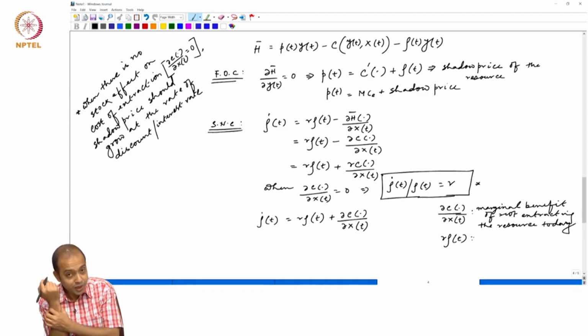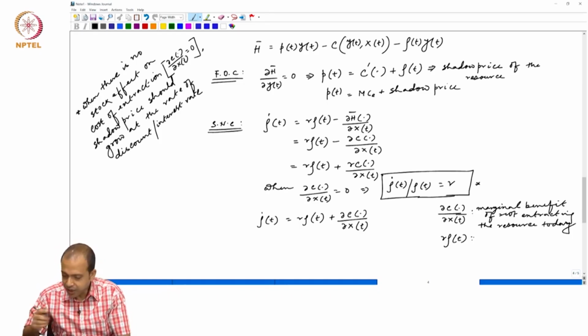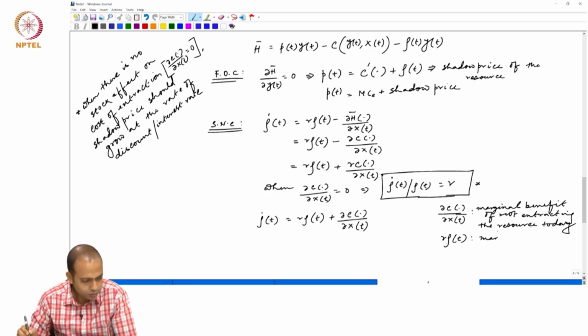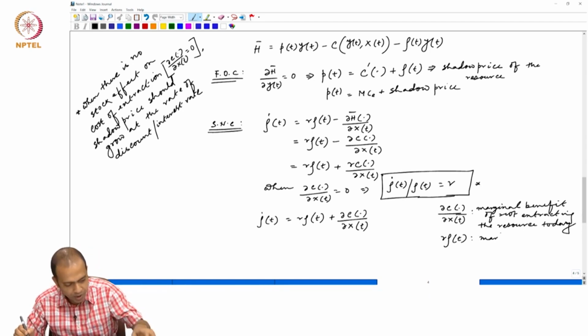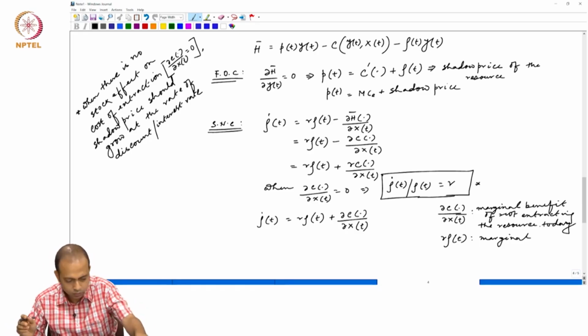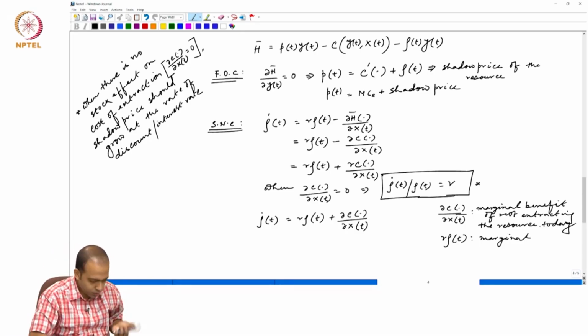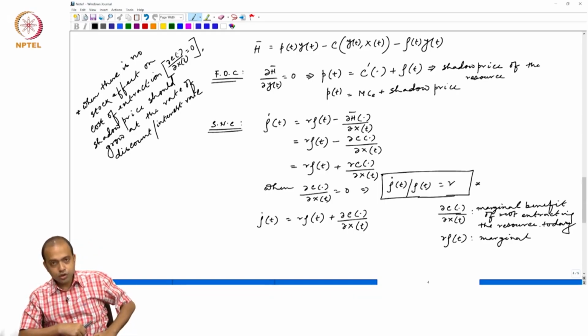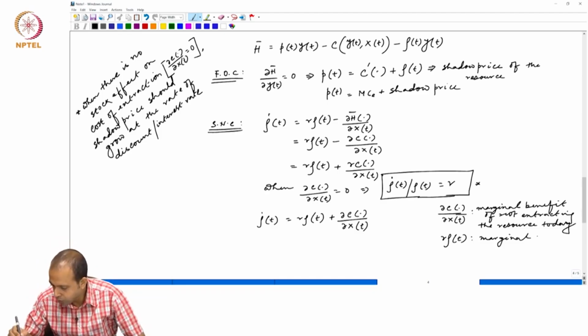So, that means when I am not extracting the resource today, basically I am sacrificing this amount. So, we can think of r into rho t as the marginal cost of not extracting the resource today.